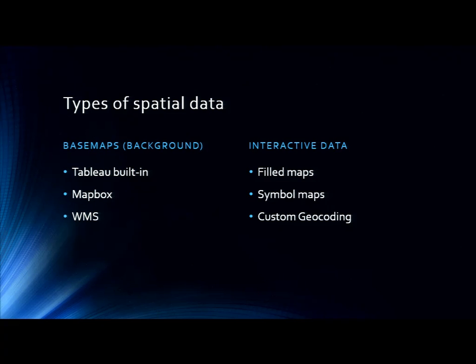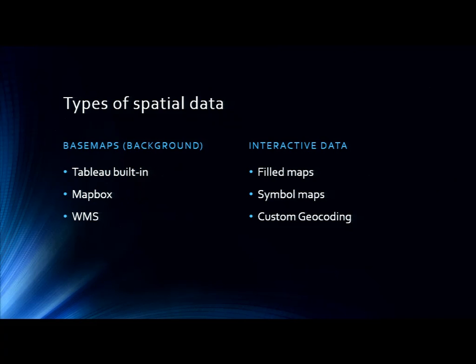So how does it handle spatial data, which probably most people are interested about here at a GIS conference? There's a few different base map options that you can use. There's built-in Tableau base maps, pretty simple. You can add a bunch of different layers on it. There's also Mapbox, to connect to any Mapbox style that you create.